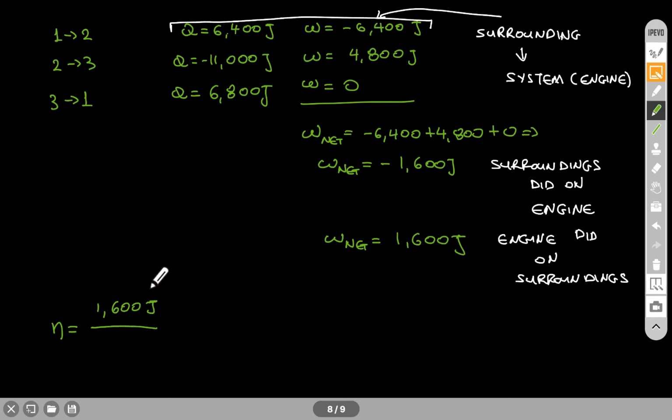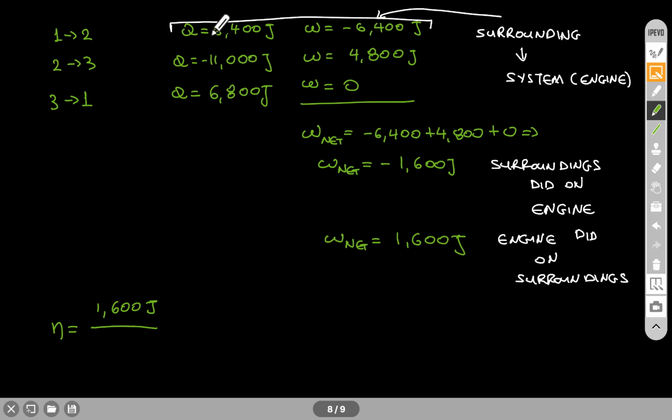We provide heat by burning fuel or maintaining a flame. When I have my system and the flame next to it, then Q will be a positive number.